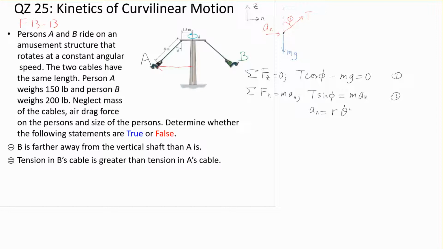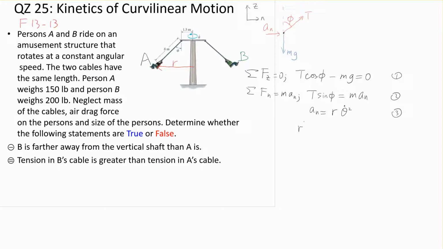R is the distance from the center of the rotation to person A. Okay, so we have three equations now, but we have four unknowns. We just introduced the fourth unknown R. Now we can apply the geometric relationship between R and phi to form a fourth equation.